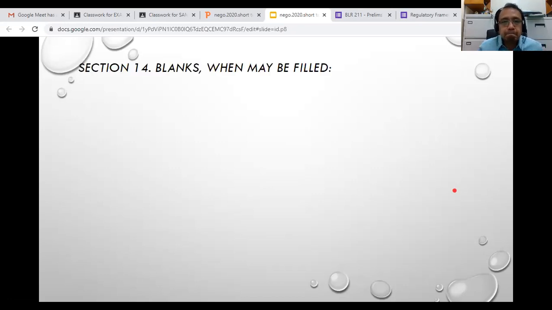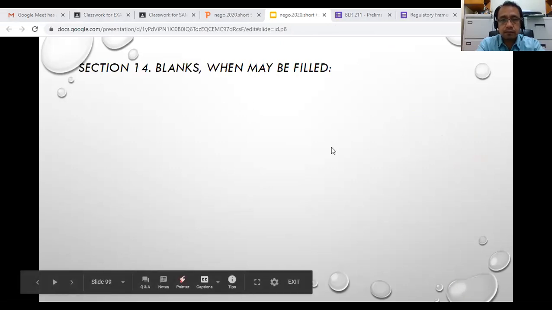Section 14. When blanks may be inserted. 14, 15, 16. Magkakaconnect lang po yan. Okay? So, dito tayo.